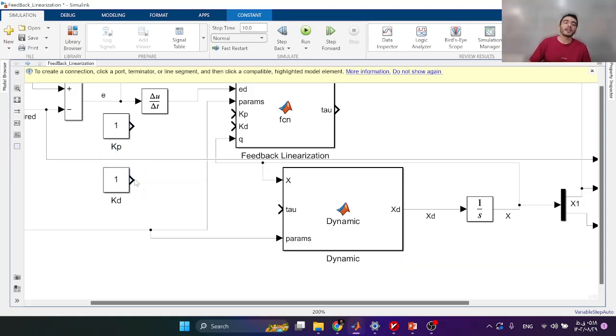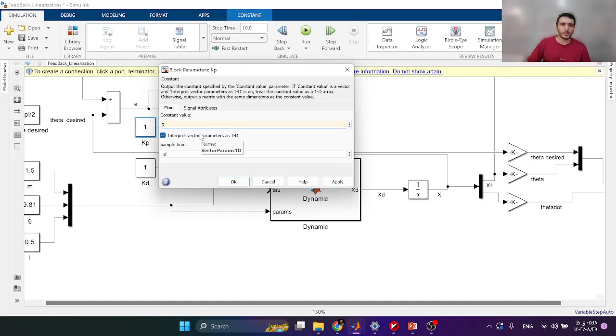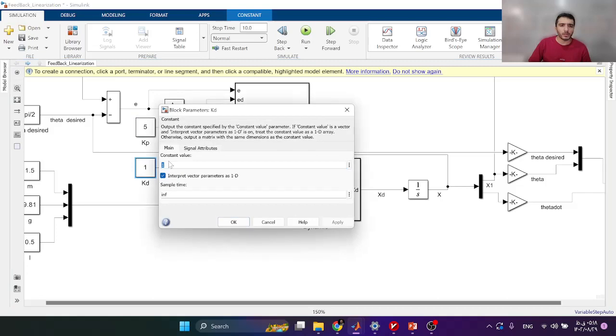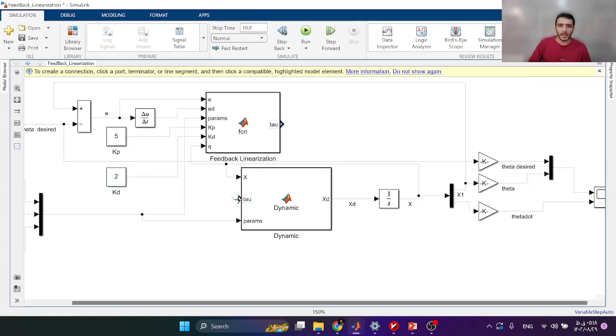We can define kp and kd in many other ways, but for this simulation, I will import the values randomly here, so we can see the simulation, and import the tau, that is our input.